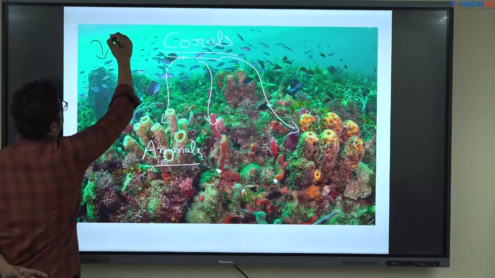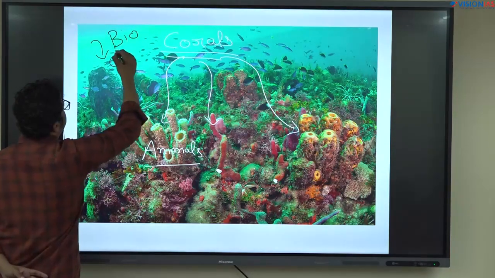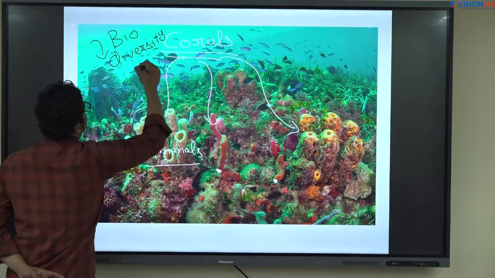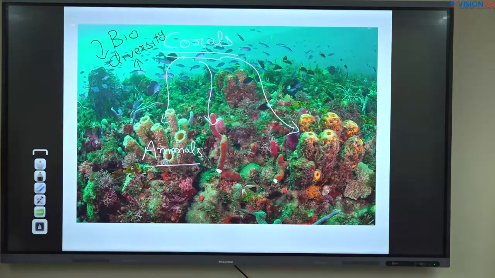So wherever you see corals in the ocean, it means the region would be rich in biodiversity, because coral is the home of many species. You can see apart from corals, there are other species also.